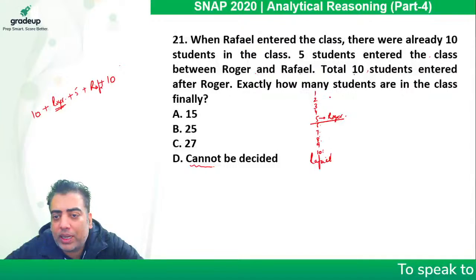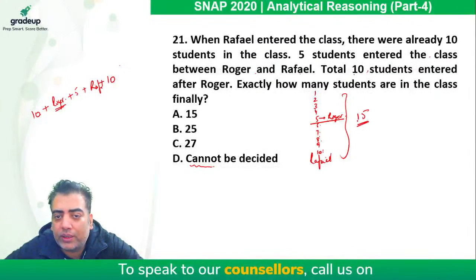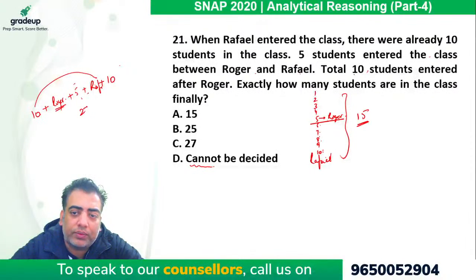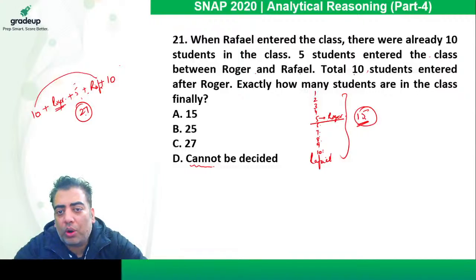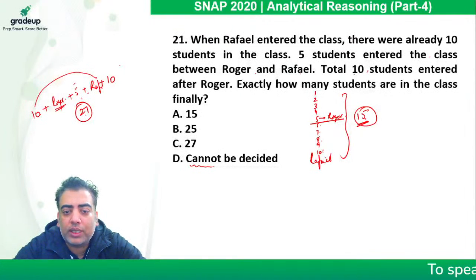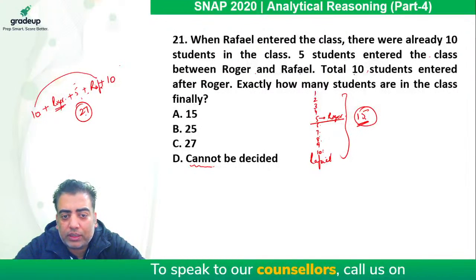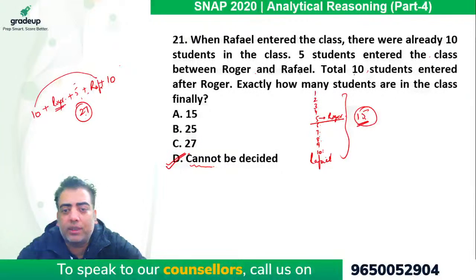So 5 plus 10, according to this scenario, the total number of students comes out to be 50. But if we observe this particular scenario, 20 plus 5, 25, 26, 27 is also a possibility. As it is not given who was inside the class first, Rafael or Roger, the correct answer comes out to be D, which is cannot be decided.